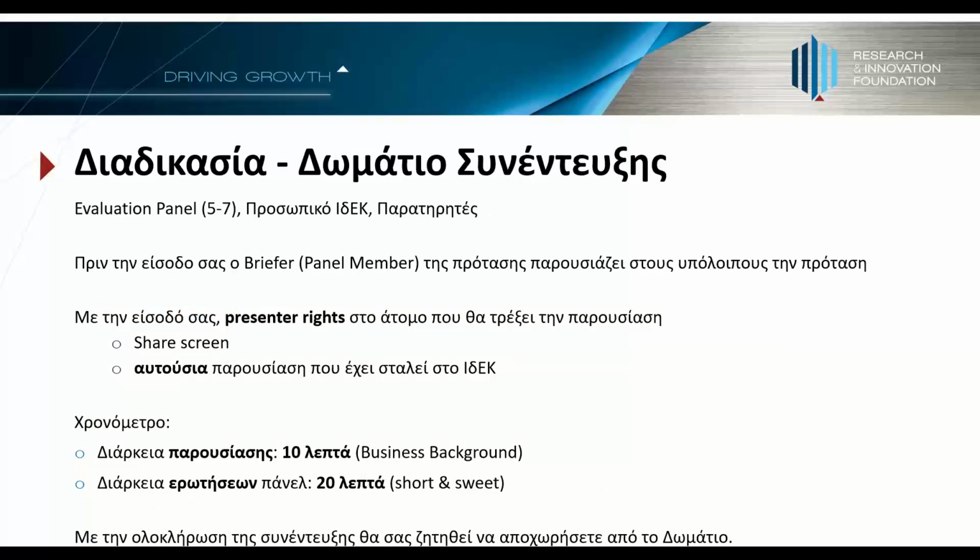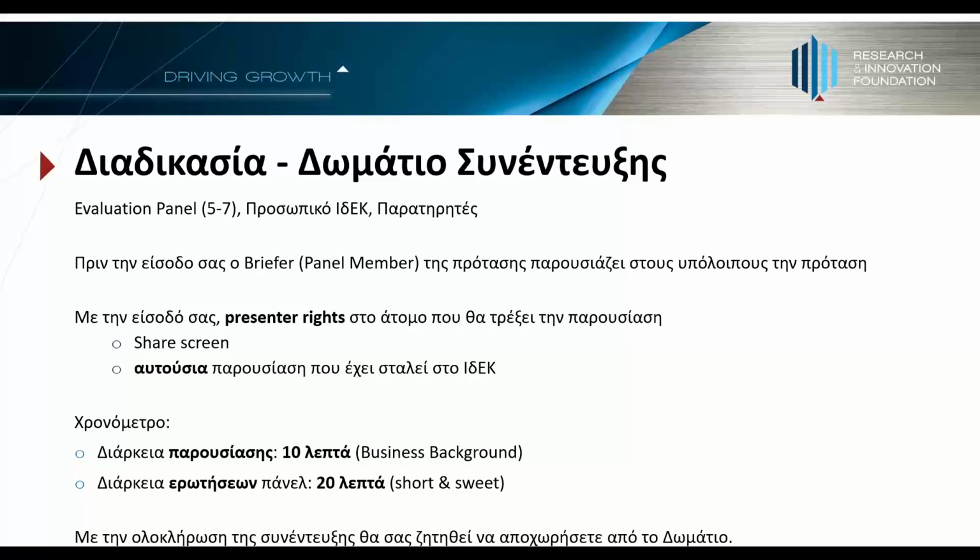Now in the pitching room, you will meet immediately the evaluation panel. So it will be 5 to 7 people who are being assigned as evaluators, as well as any RIF staff that is monitoring or participating in the procedure, and observers of the procedure, as these have been assigned in external organizations other than RIF.